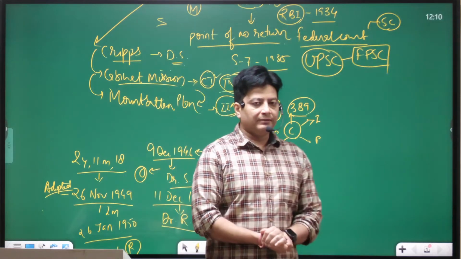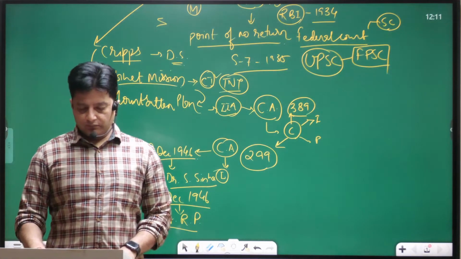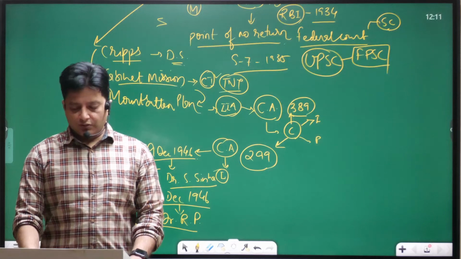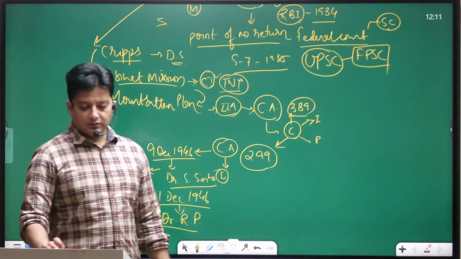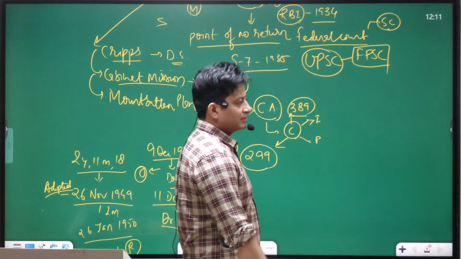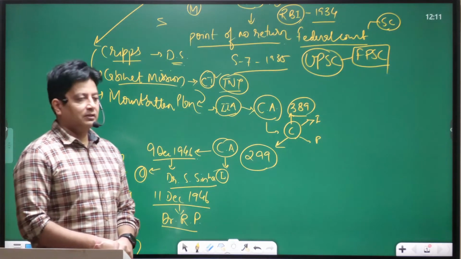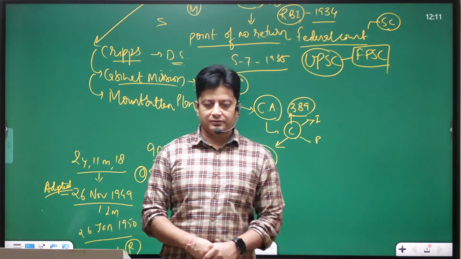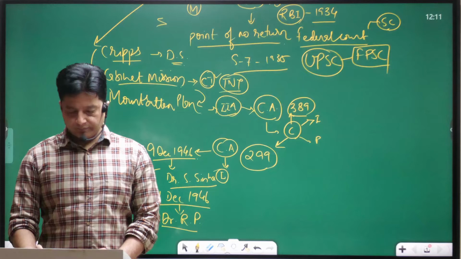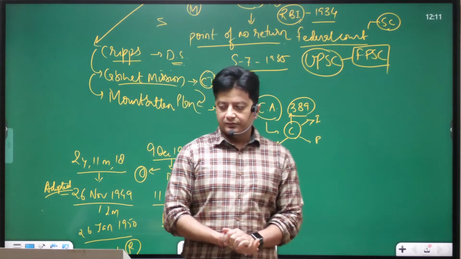Okay, then right below this, it means All India Federation was introduced, though it could not become a reality because only 6 out of 11 elected provincial governments accepted it. Full stop.